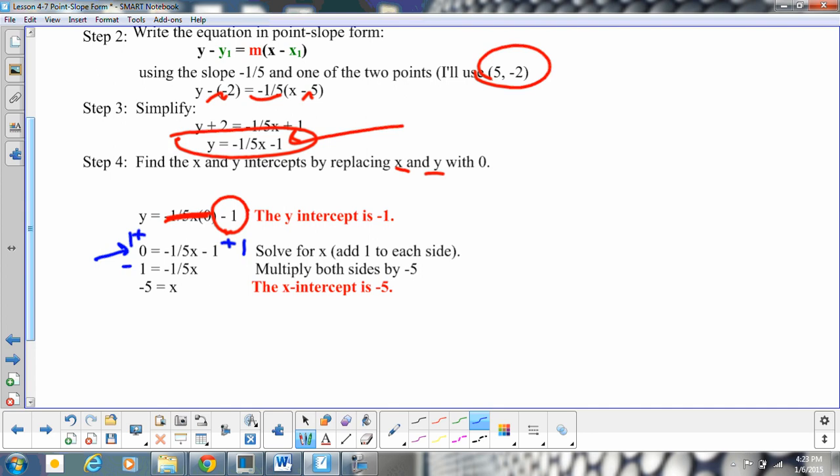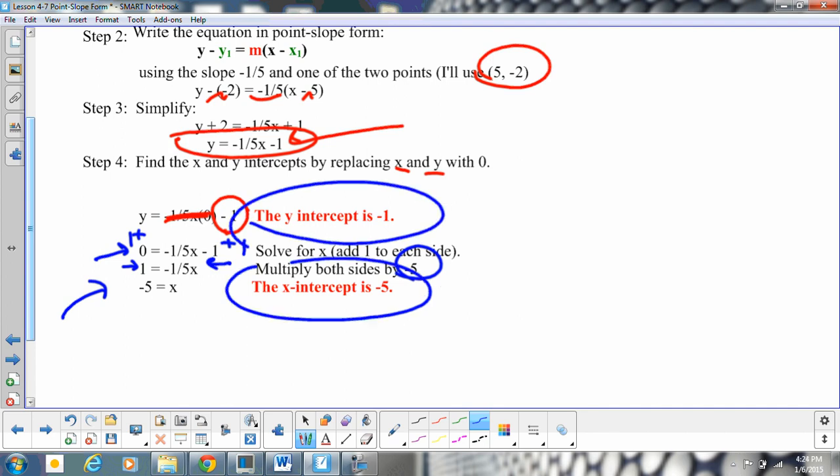It gives me 1 = -1/5 x. Now to get x by itself, I multiply by the reciprocal of -1/5, so I'm going to multiply both sides by -5. And that gives me the x-intercept: x = -5. So my y-intercept is -1, and my x-intercept is -5. I can graph it if I want. I know my x and y-intercepts.